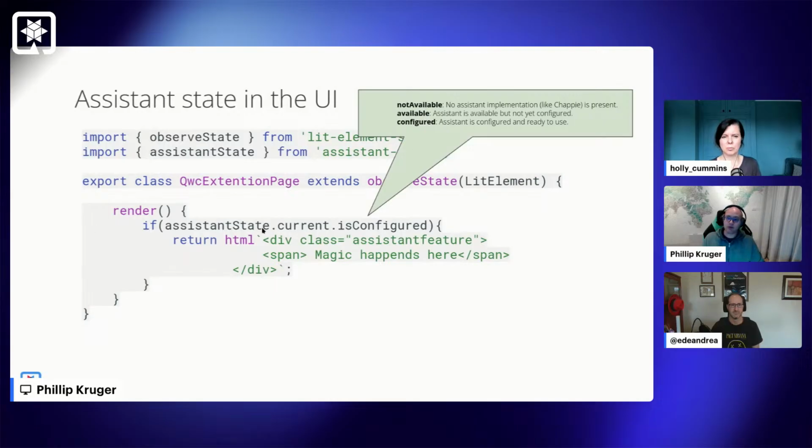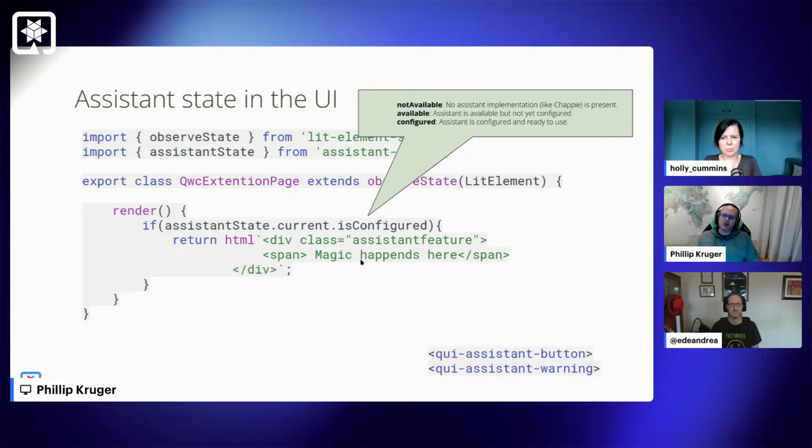So if it was not available, it wouldn't have loaded that button. But as soon as that state changes, because somebody else changes the state, my button will re-render and suddenly appear on the screen. So you have not available and configured, because available means that there is an assistant, but it's not configured. So you could add the button there, but if the user clicks on it, go to the configure page or something like that.